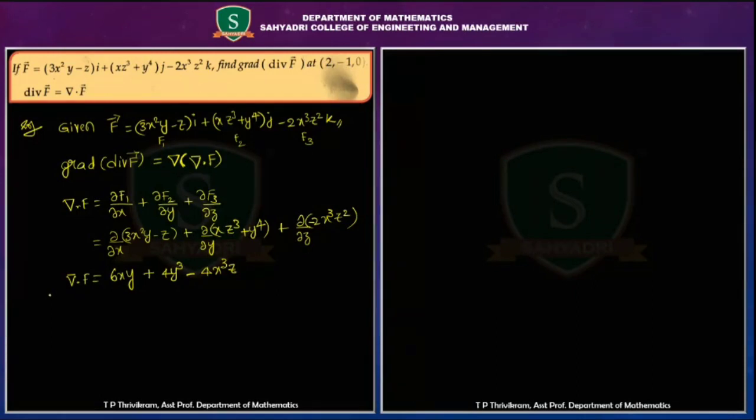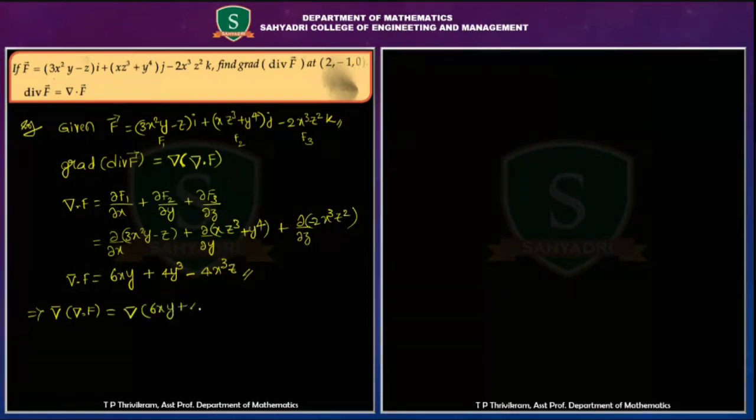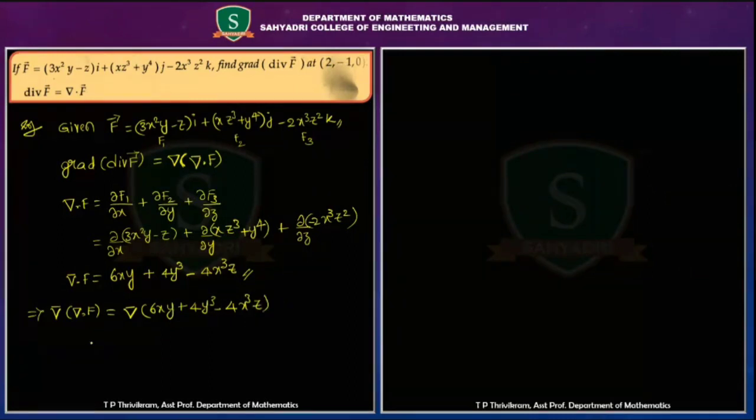But we want del of del dot f. Since del dot f is a scalar quantity, you can apply gradient for it. So del of del dot f is equal to del of 6xy plus 4y cube minus 4x cube z.